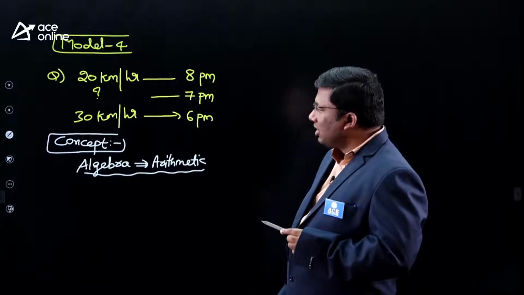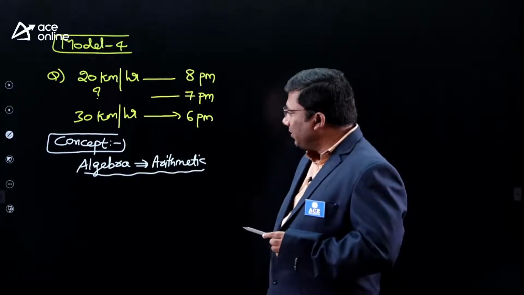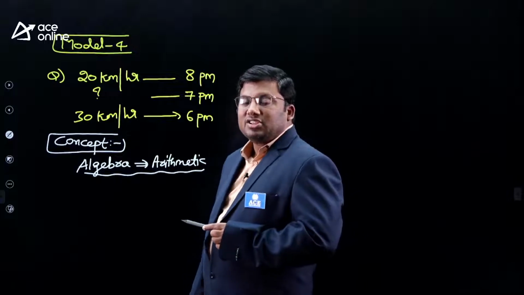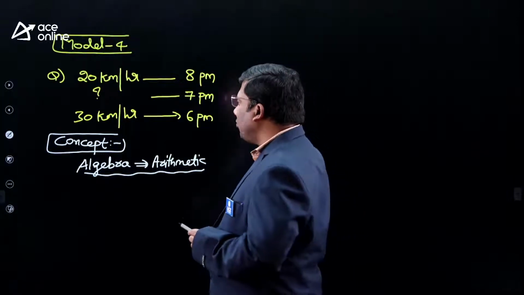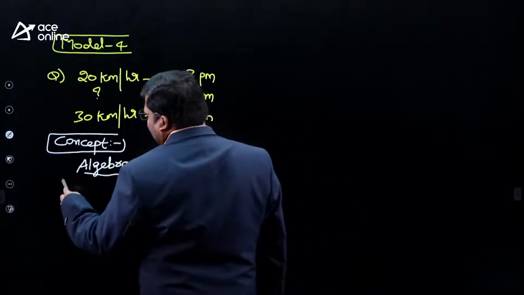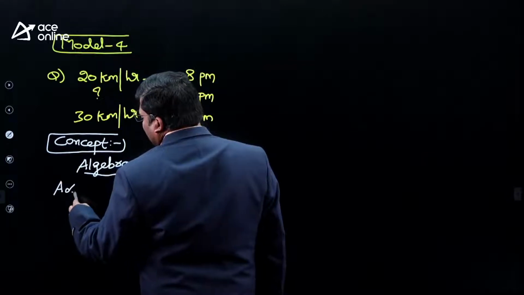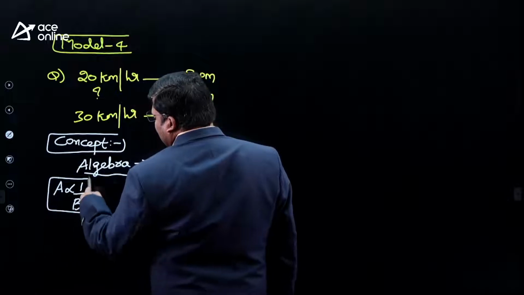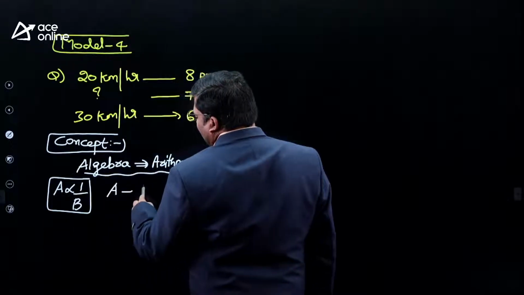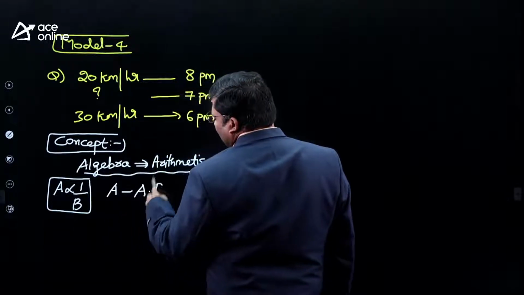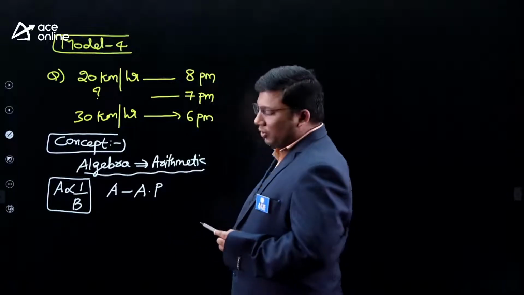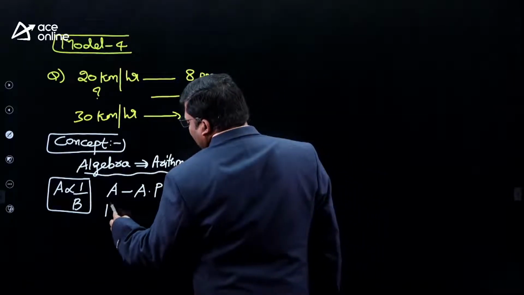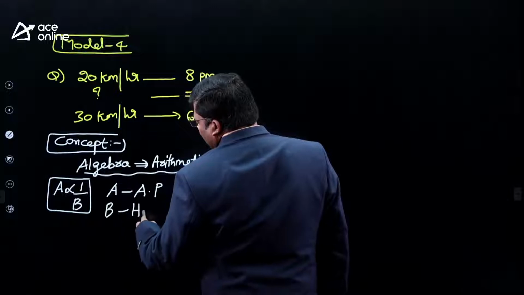Listen carefully, sir. 20 km per hour, 8 p.m. 30 km per hour, 6 p.m. To reach at 7 p.m., what should be the speed? First thing, A is inversely proportional to B. If A and B are inversely proportional, if A is in arithmetic progression, then B will be in harmonic progression.